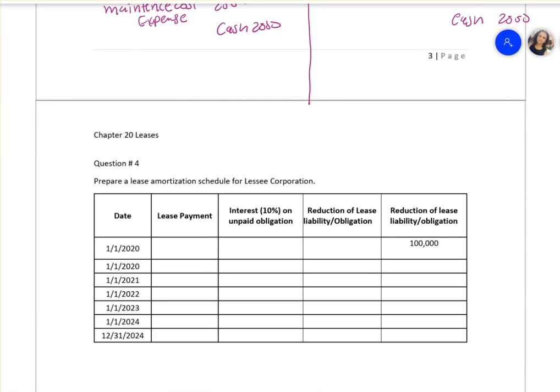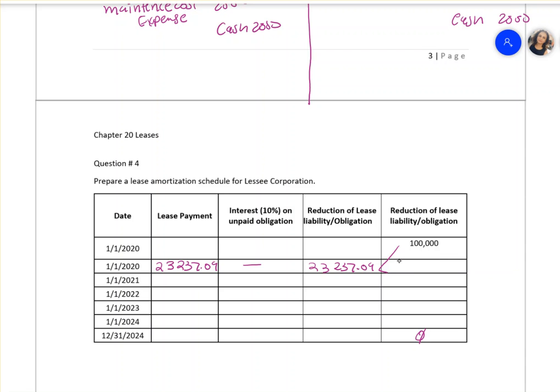Now if you prepare the lease schedule, we started with 100,000, we're going to end up with 0, but the lease payment changes now. Our lease payment is now 23,327.09. If that changes, our lease payment is going to make our obligation change.